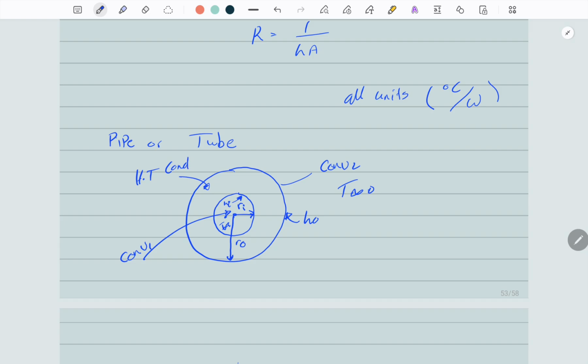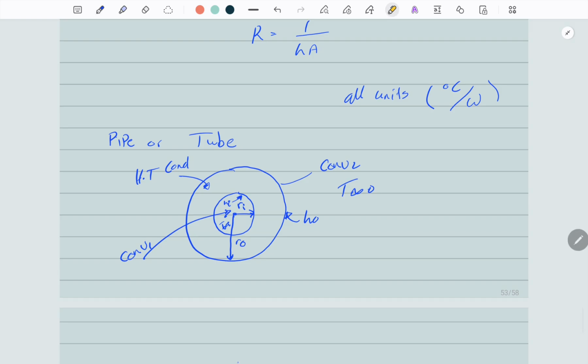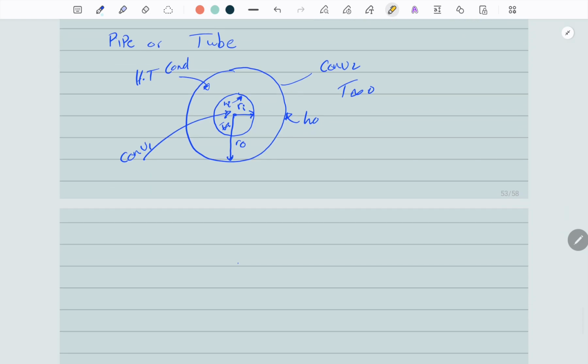Okay, so if I'm asked to find the total heat transfer in this problem here, I'll start with Q equals change in temperature divided by resistance.